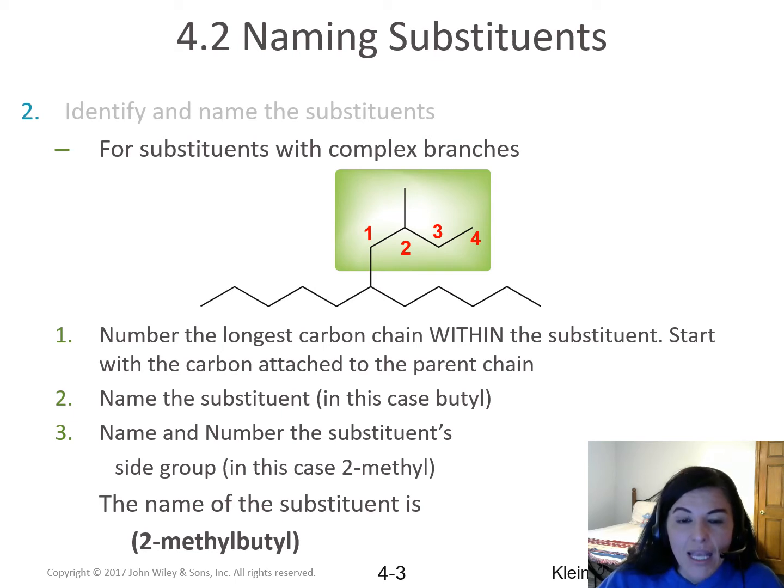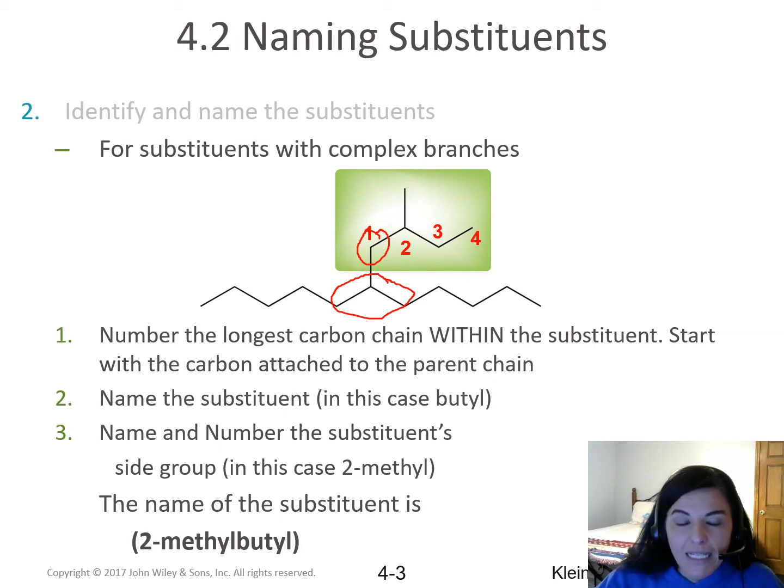Then I'm going to number my carbons starting with the 1 being the carbon that's attached to the parent chain. So here I see that this is the carbon that's attached to my parent chain over here. So that is 1, and then I number going across for the continuous longest chain of carbons.